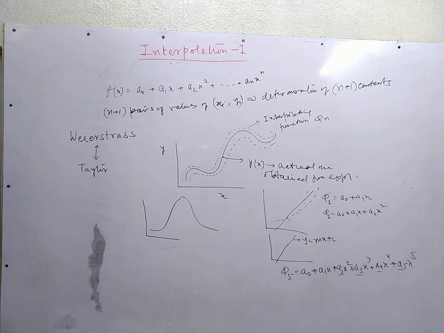If it is a polynomial, we call it polynomial interpolation, and there are other forms of polynomial. One may expand a function in terms of Legendre functions, then we speak about Legendre polynomial. If we use Bessel functions to expand the interpolating function, then it will be Bessel interpolation, and so on and so forth.